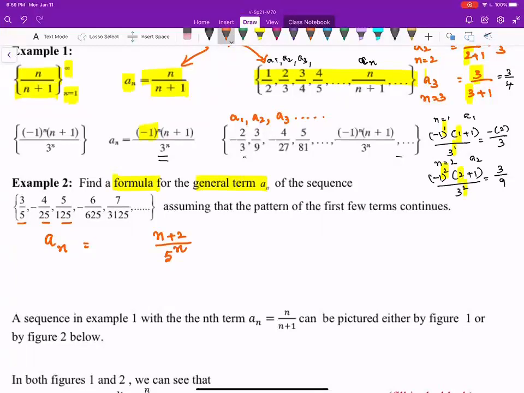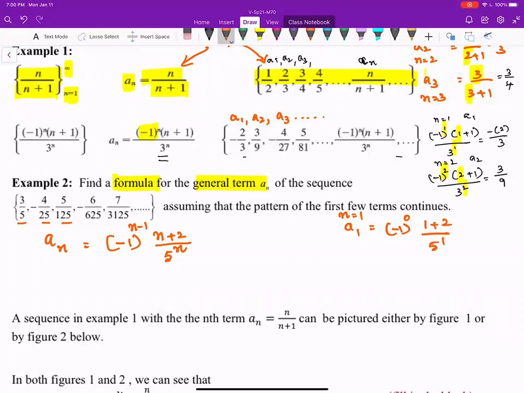And also you notice the terms are alternately positive and negative. Because it starts off positive, you have to attach negative 1 to the power n minus 1. When you plug in n equal to 1, you get negative 1 to the power 1 minus 1, which is 0, then 1 plus 2 divided by 5 to the power 1.